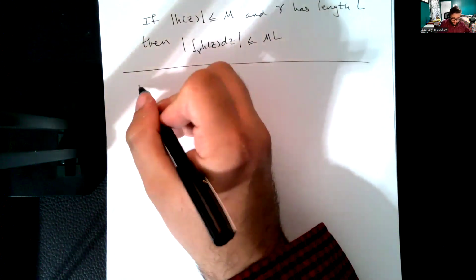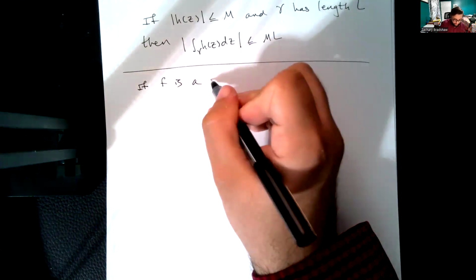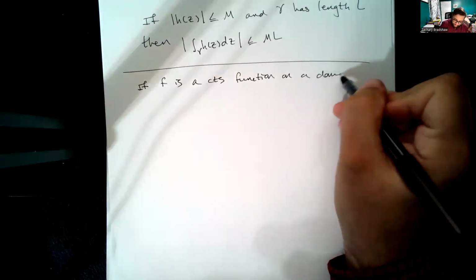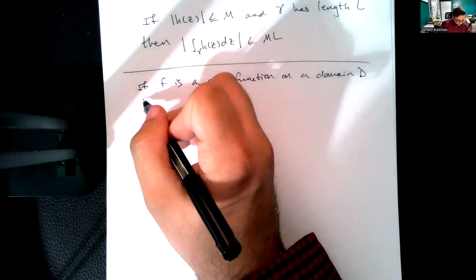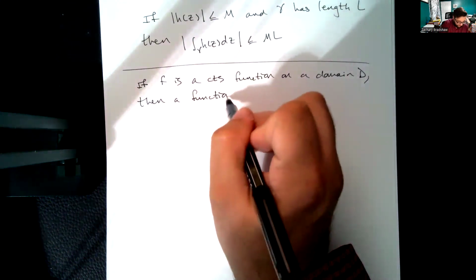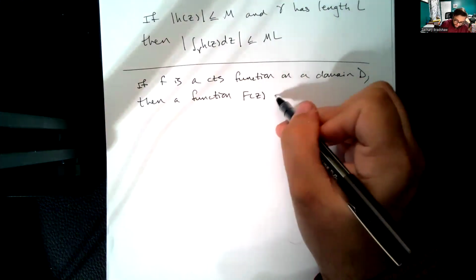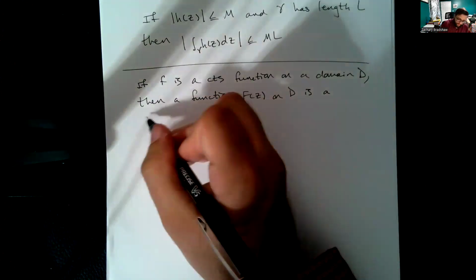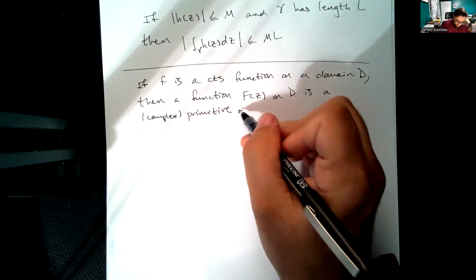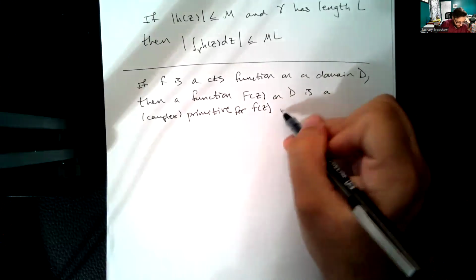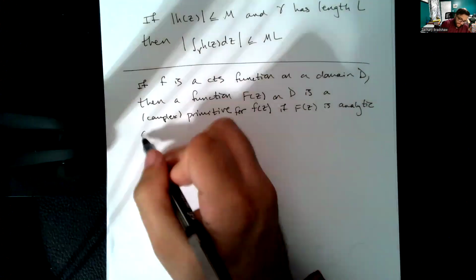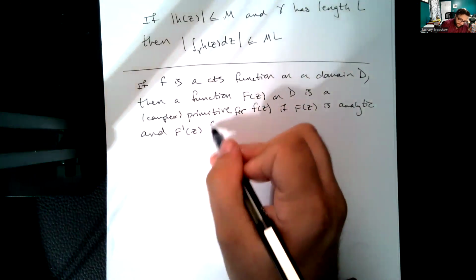So if f is a continuous function on a domain D, then a function capital F of z on D is a complex primitive for lowercase f if capital F is analytic and its derivative is lowercase f.